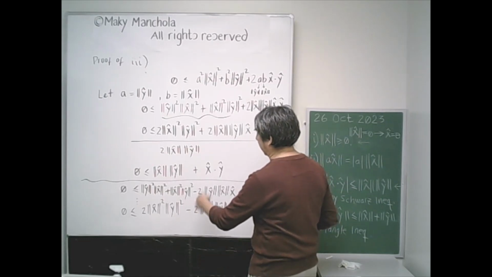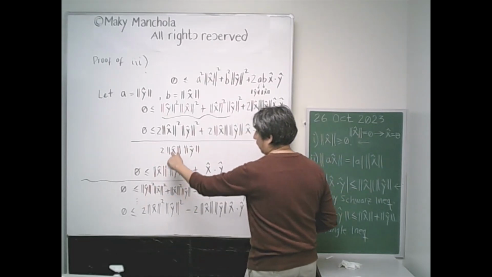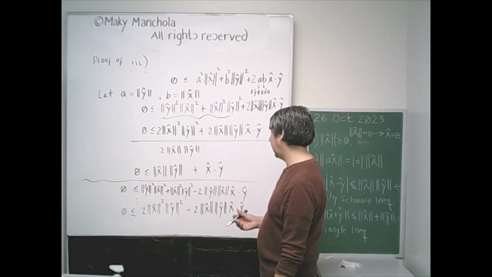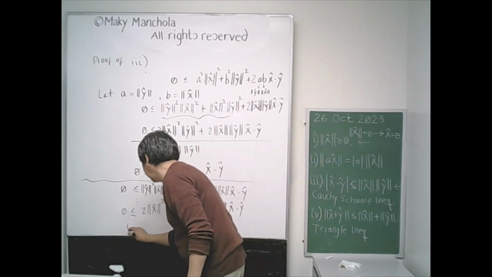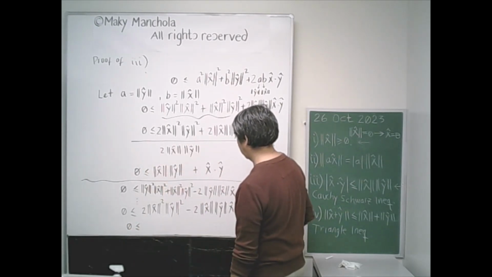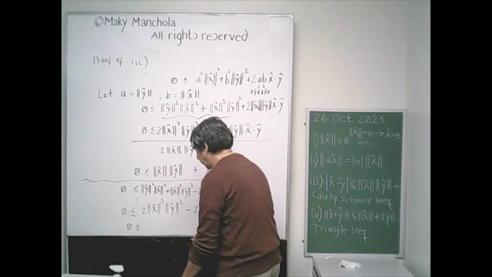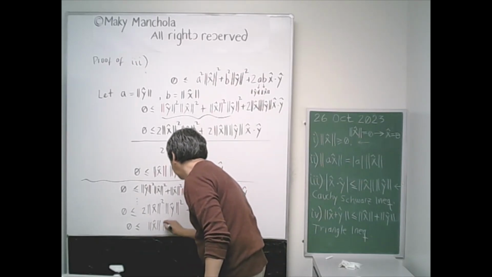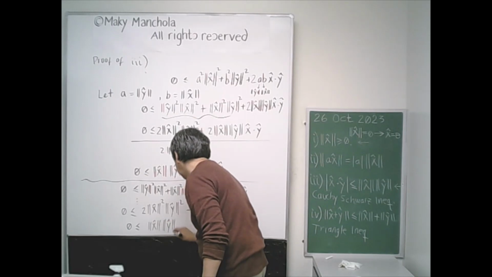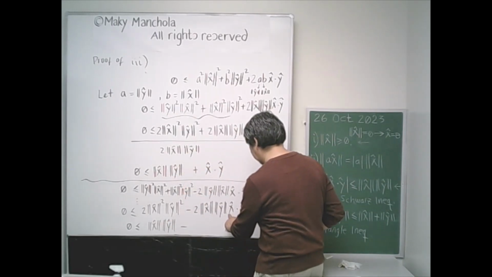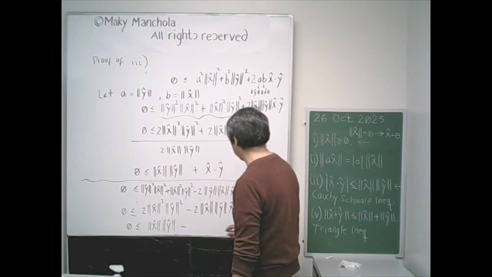I get to divide both sides of the equation by 2 times the norm of x hat times the norm of y hat, and that will give me this end result. 0 is less or equal to, so what survives here is the norm of x hat multiplied by the norm of y hat, minus the only thing that survives here is the x hat dot y hat.